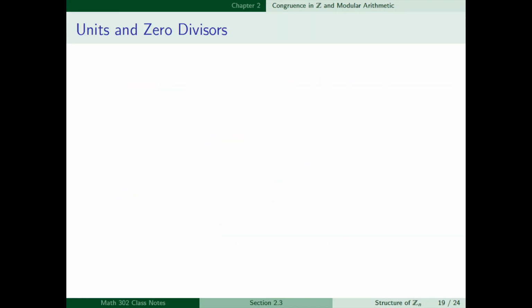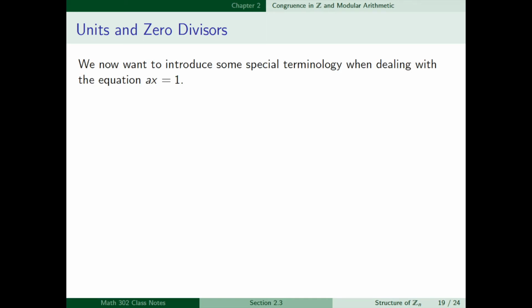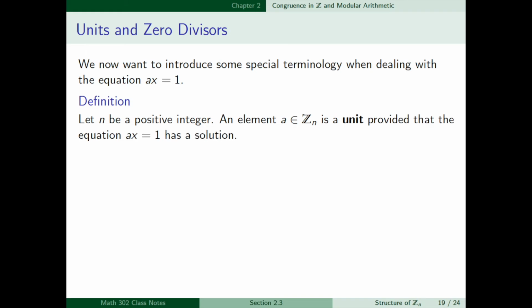So next we want to talk about units and zero divisors. We want to introduce some special terminology when dealing with this equation, a times x equals 1. And so our definition: let n be a positive integer. An element a in Z sub n is a unit, provided that the equation ax equal 1 has a solution.